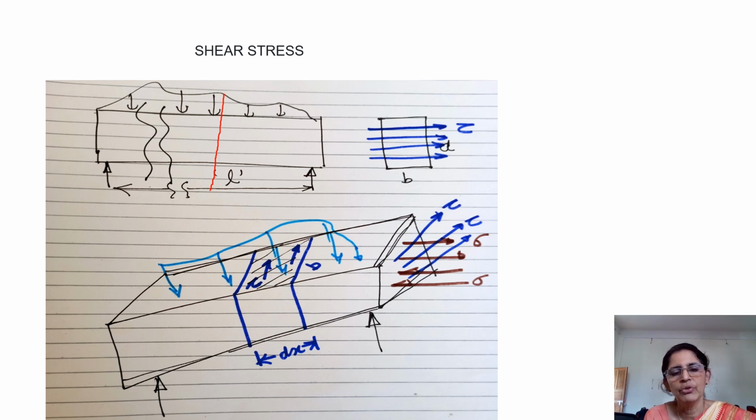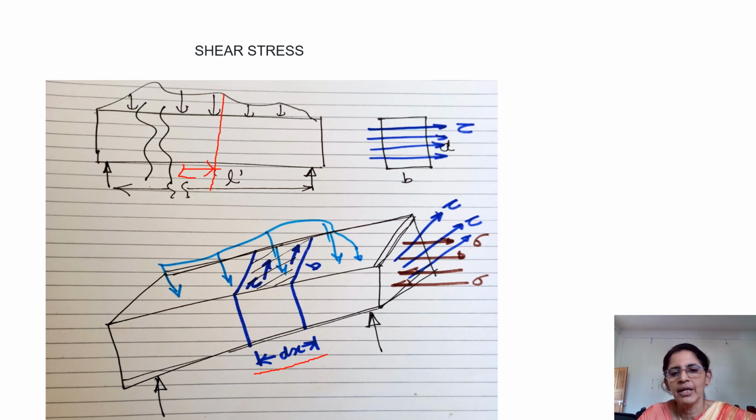Similarly, due to the shear force also there will be shear stress. If you take any particular section over here and consider a delta x length of the beam, which I have shown here, you can see that for a particular cross section, the bending stress will be developed normal to that cross section.